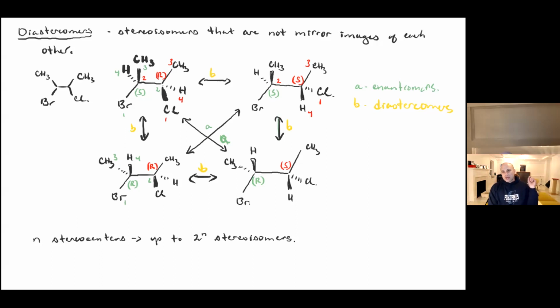All right. So there's an important point, which is that while enantiomers have identical physical properties, diastereomers have different physical properties, and so they can have different melting points, different boiling points, different spectroscopic properties.